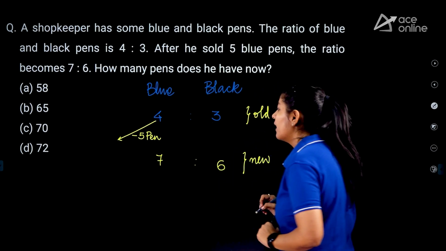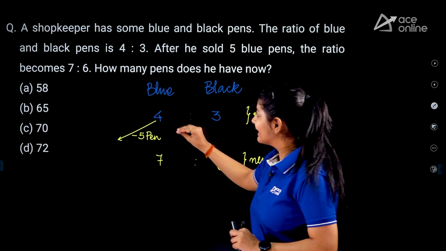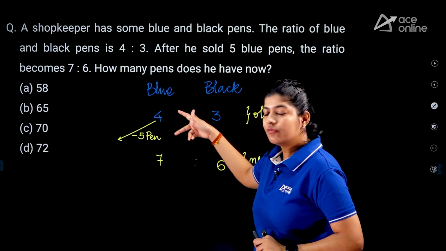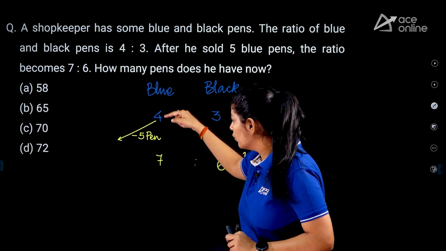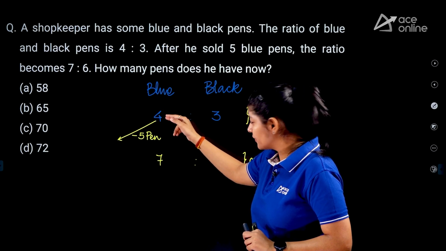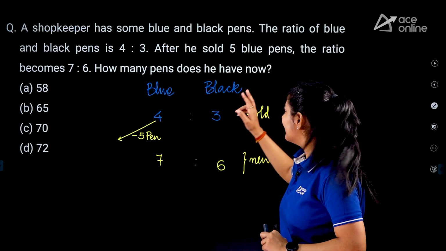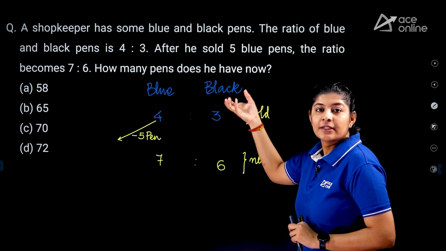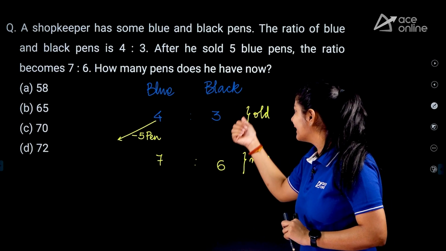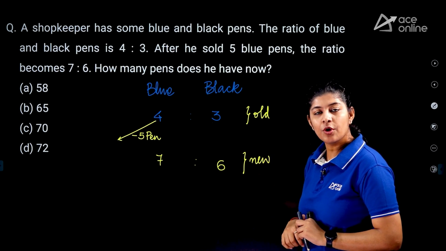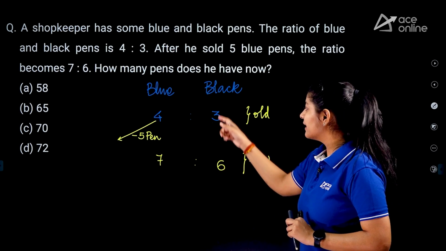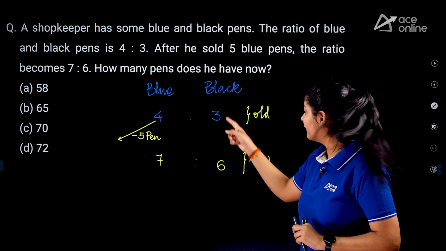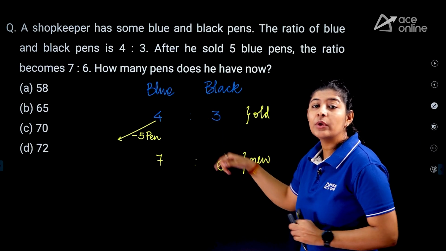Okay. So we can understand that the value of the ratio in the blue pen category will change because we are selling 5 pens, right? But we are not able to see the difference between the ratios of black pens in the old and the new ratio. We know that there's no change in the black pens, so we need to make these values equal.